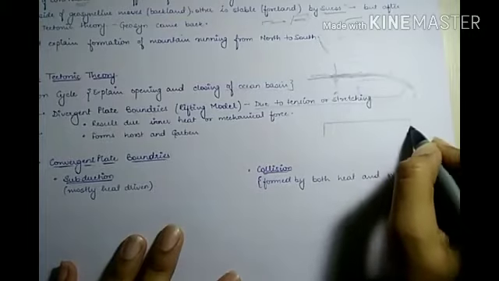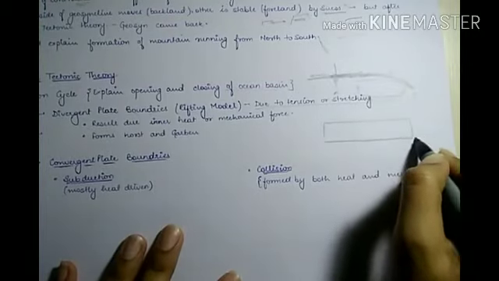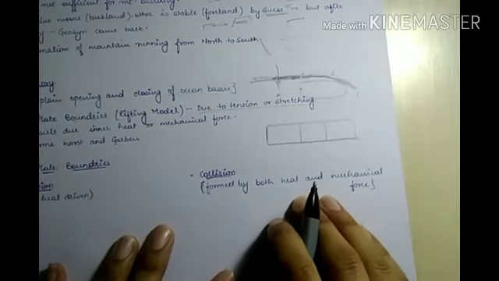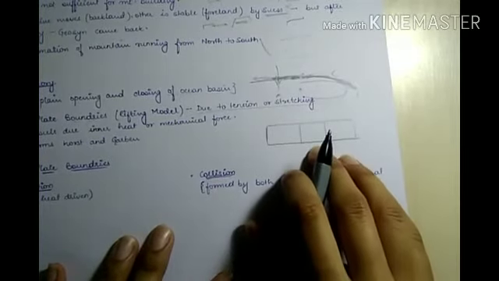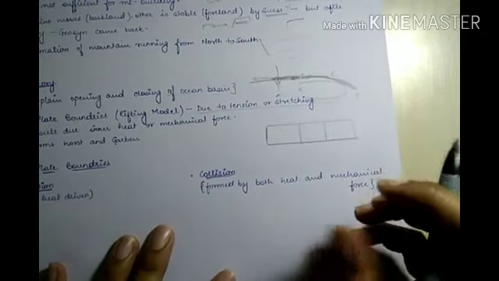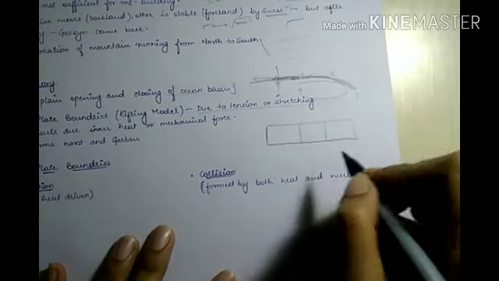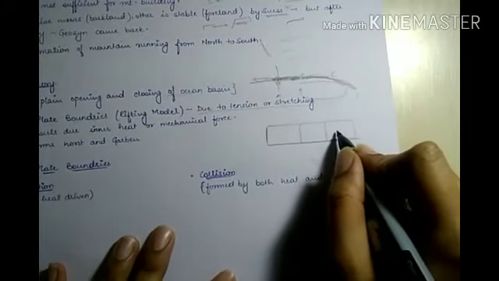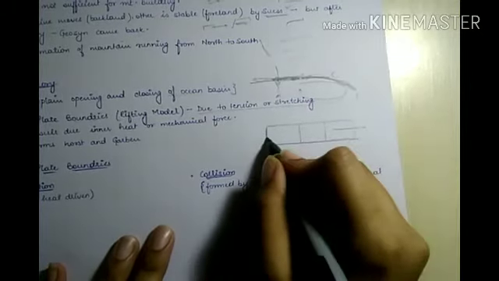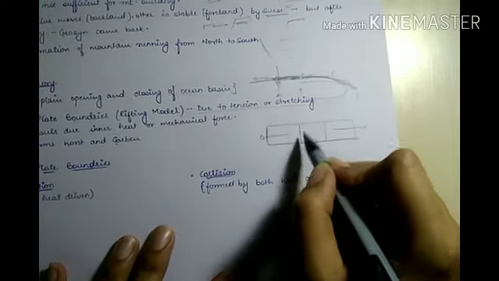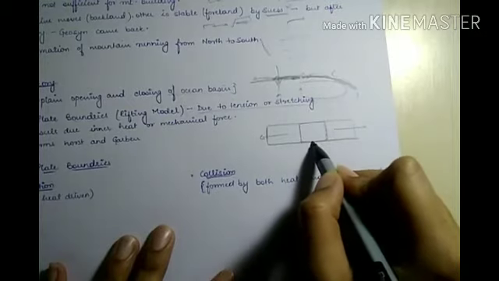Here we see the plate. There is a tensional or stretching force which is caused due to internal heat or mechanical forces. Because of this, these two blocks move apart, and because they are moving apart, this part subsides.